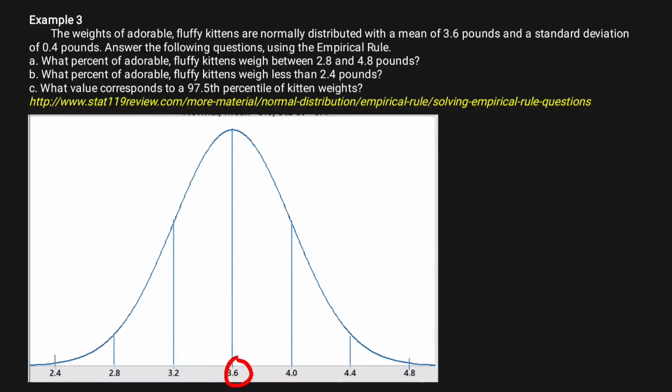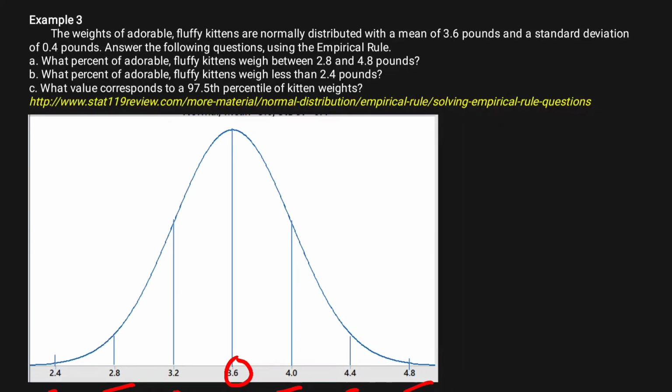Sa right side, plus 0.4, that is 4, plus 0.4, 4.4, and then 4.8. Then, subtract 0.4. So, we have sa left side, 3.2, minus 0.4, 2.8, minus 0.4, 2.4.